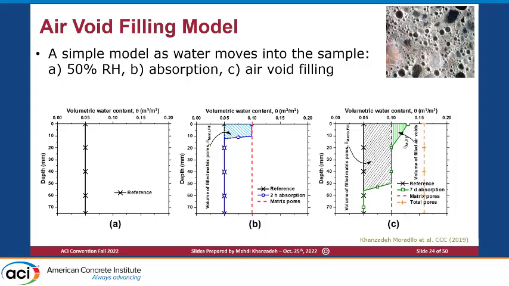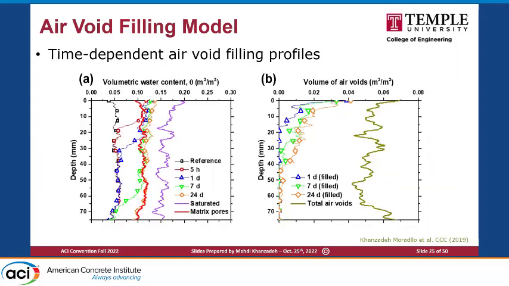So we combine these results with the Powers model in order to quantify this over time. So that's what you are seeing here. At the right side, I have over time what percentage of the air voids are filled, over the depth of the sample. And I can compare this with the total volume of the air you have in the system.